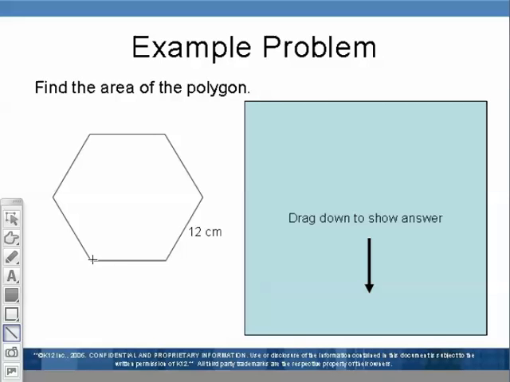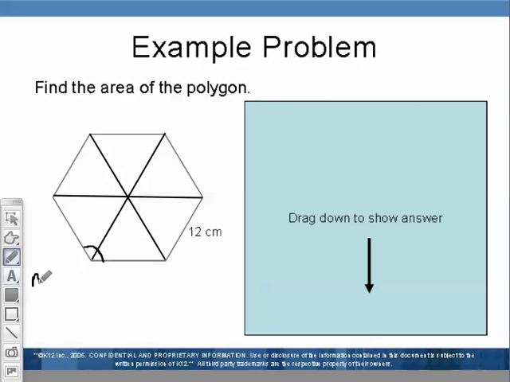What type of an object do I have? I have a hexagon, and I'm going to divide this hexagon up into my triangles so that I can see what they look like. Okay? Now I know from studying hexagons already that I can find this angle right here, can't I?